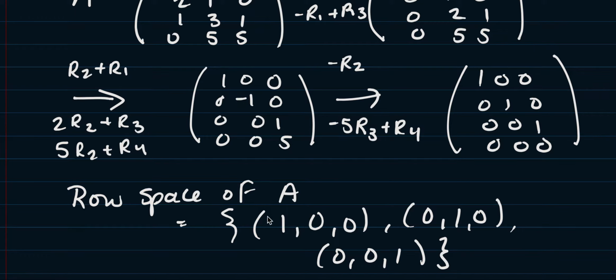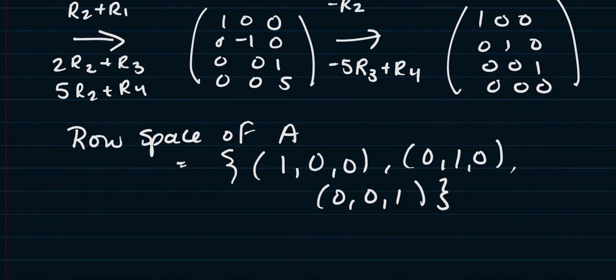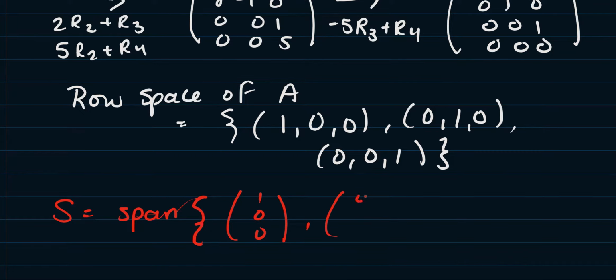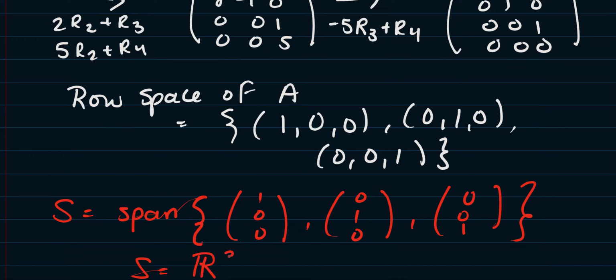Okay, so then these vectors, if we take the transpose, S is going to be the span of these 3 vectors, 1, 0, 0, 0, 1, 0, 0, 0, 1. So actually S is equal to R3.